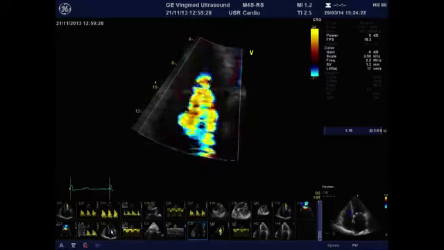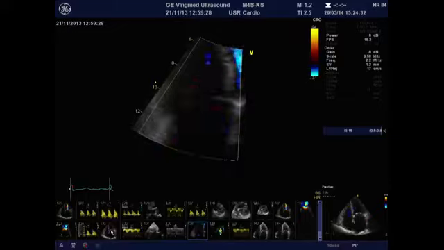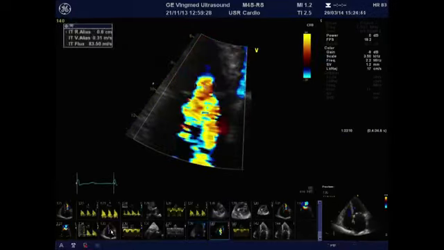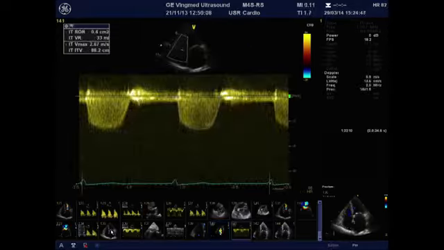Ideally, we should assess the respiratory variation by measuring the PISA in inspiration and in expiration, and averaging the two measurements. And in this case, we can see that the radius is 0.6 centimeters, which allows us to calculate a regurgitant orifice of 0.4 square centimeters, consistent with moderate or even almost severe tricuspid regurgitation.